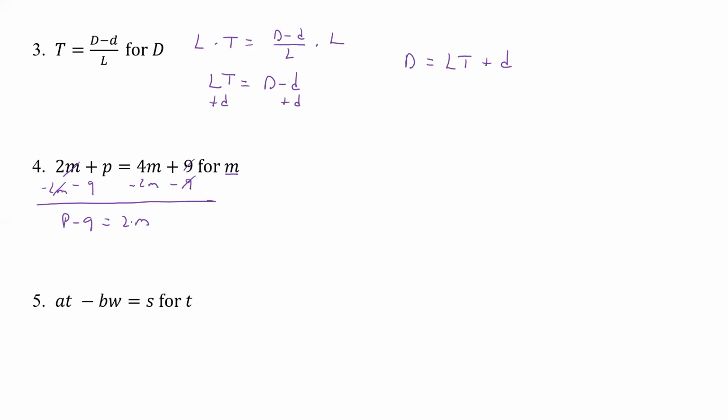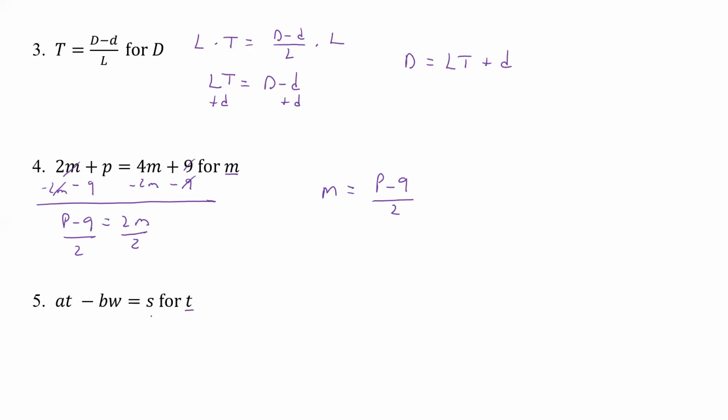We're almost there. Now we divide by 2, and so I get m equals p minus 9 over 2. Now you could have done it in multiple steps, maybe first subtracting the 2m and then the 9. Or, if you're comfortable doing two steps at a time like I just did here, that's fine as well. What about this one?